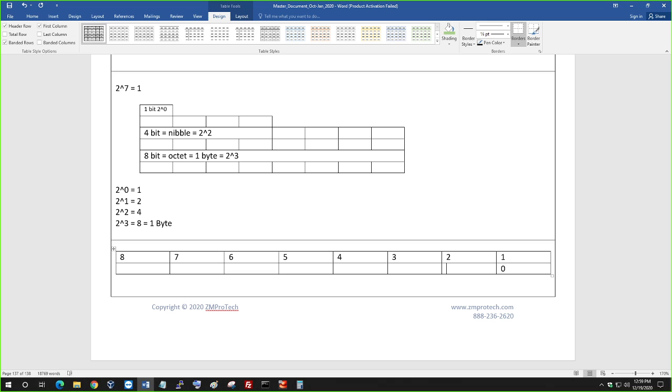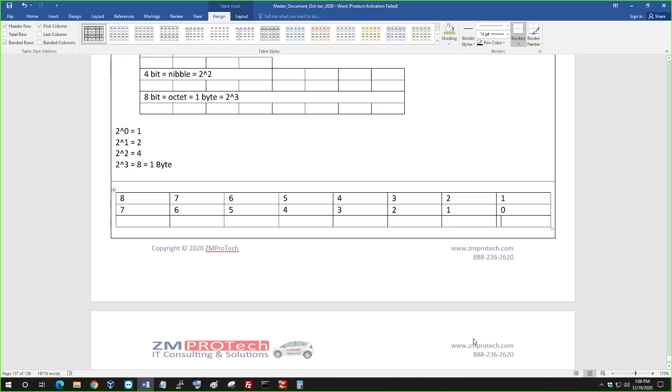The numbering starts from right to left. I'll tell you in a minute why. So this is the first position, this is the second position, the third, the fourth, the fifth, the sixth, and the seventh.